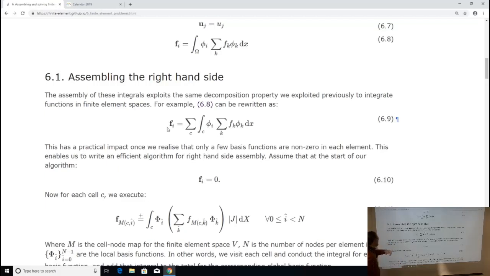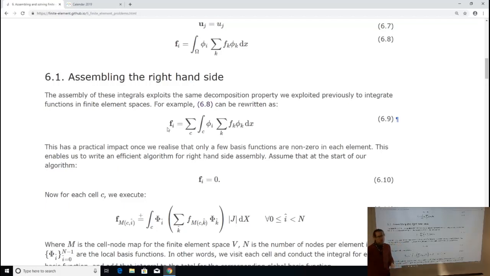So what we actually do then is we don't assemble this vector by visiting each entry of the vector in turn.